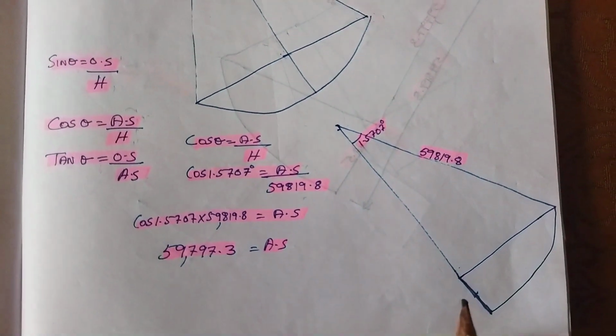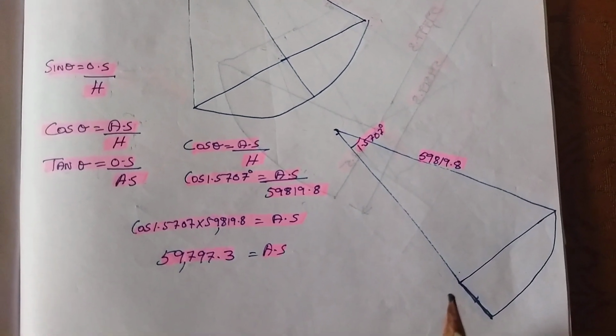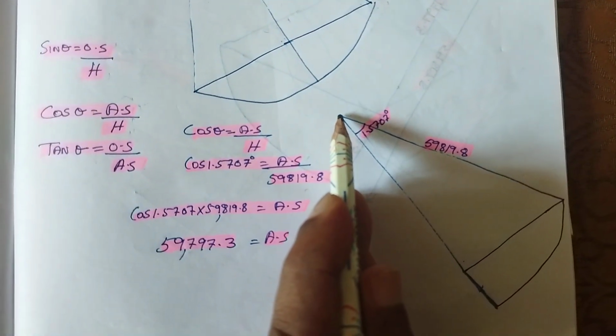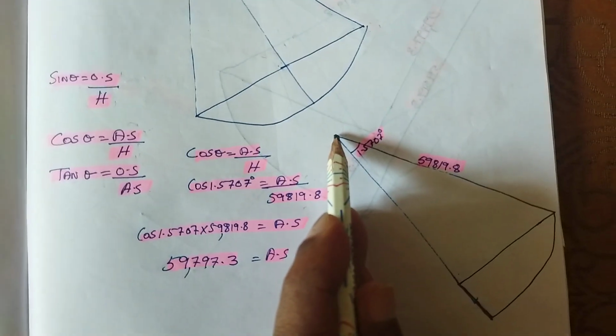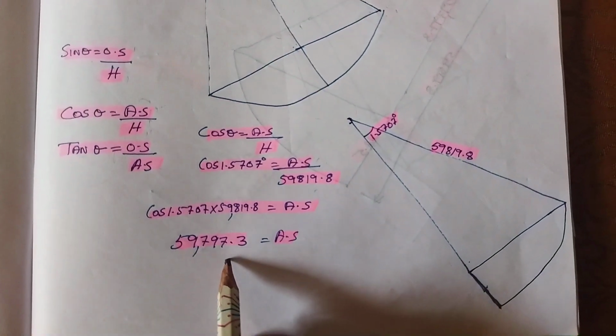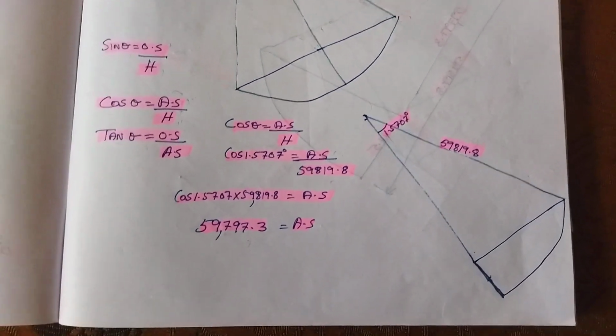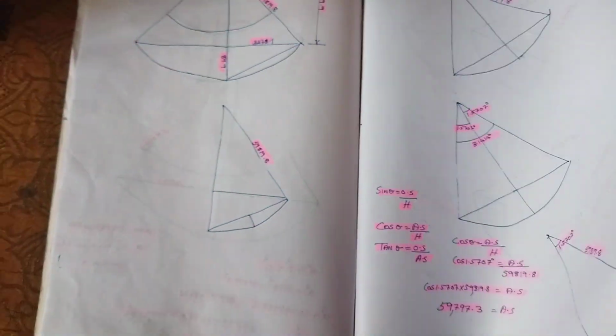From this 59,819.8, we have to decrease the adjacent side that we got, 59,797.3. If you decrease it, we will get this measurement. It has been indicated in the next drawing.